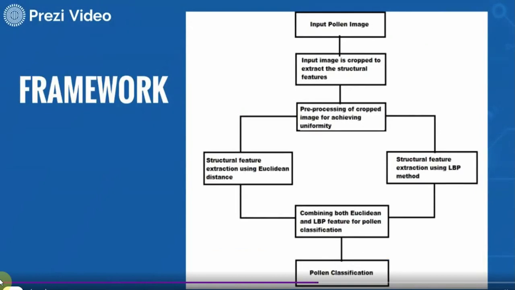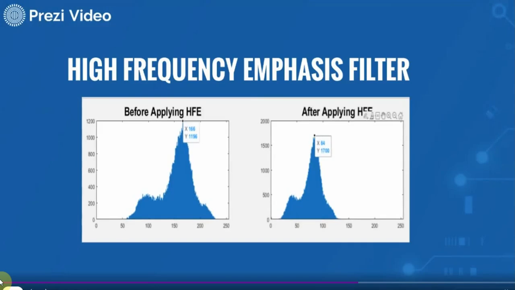From RGB we convert to grayscale because grayscale has one layer, 0 to 255 pixel, and then we use a high frequency emphasis filter to improve the image quality. And we combine both the Euclidean and LBP method for pollen classification.